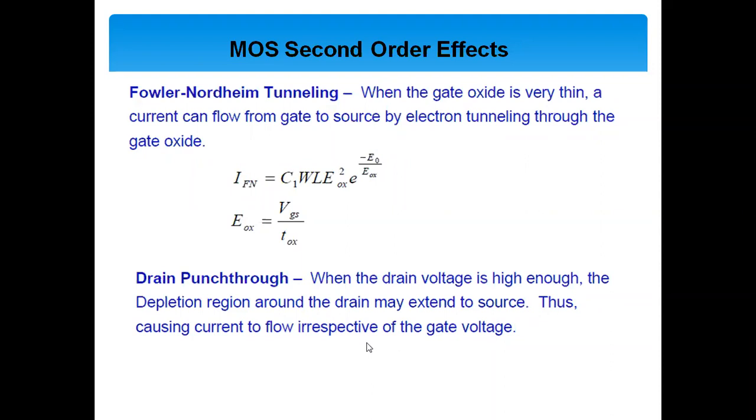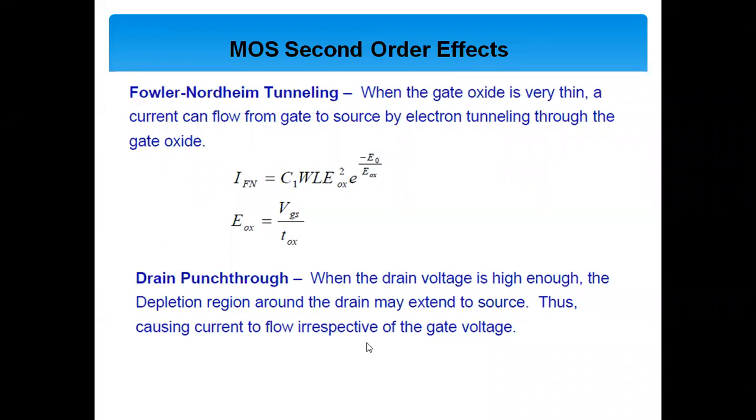Along with the channel, the electron can flow through that gate oxide layer, that means that insulating layer of SiO2, and that particular effect is known as Fowler-Nordheim tunneling.